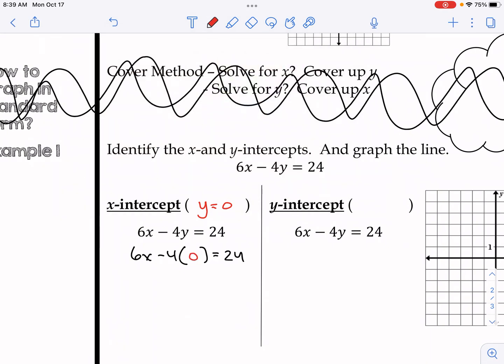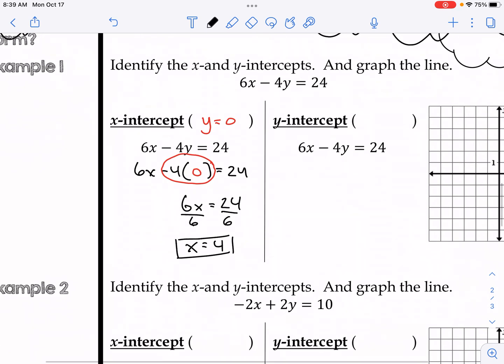Now, order of operations, we can simplify some things here, but this all becomes 0. That's why I'm circling it. And we're going to have 6x equal to 24. If you divide both sides by 6, you're going to find the x-intercept, x equal to 4. That is the coordinate 4, 0.